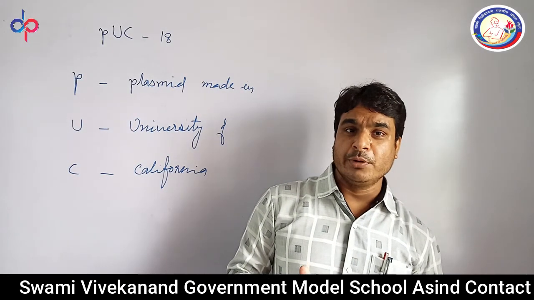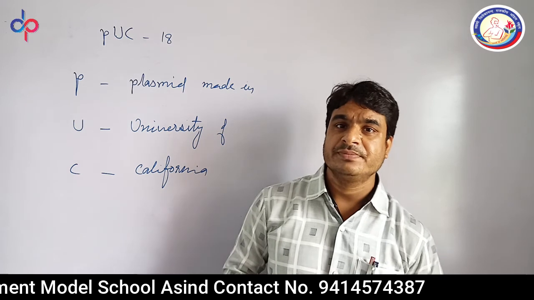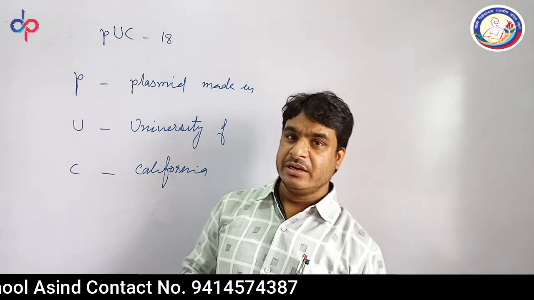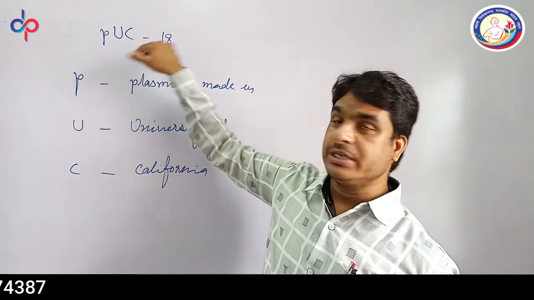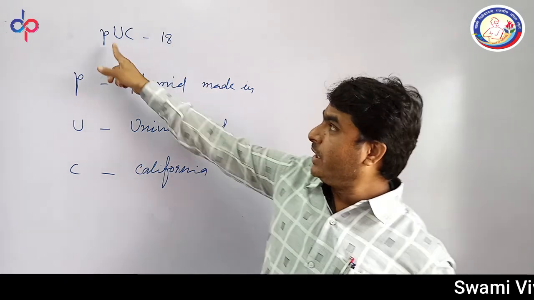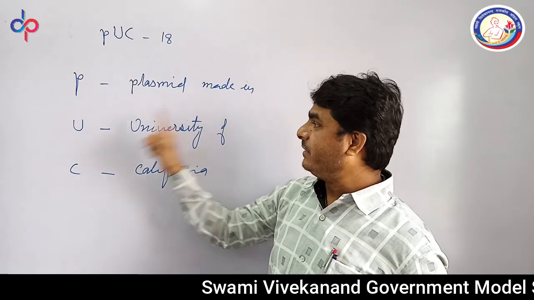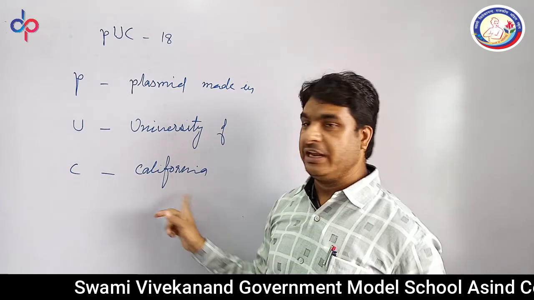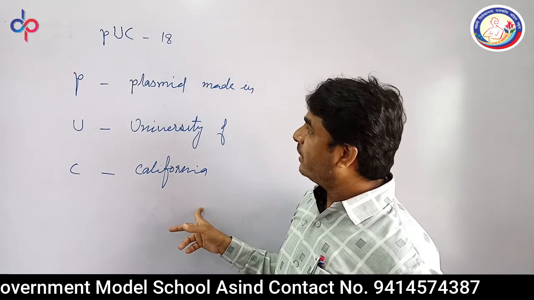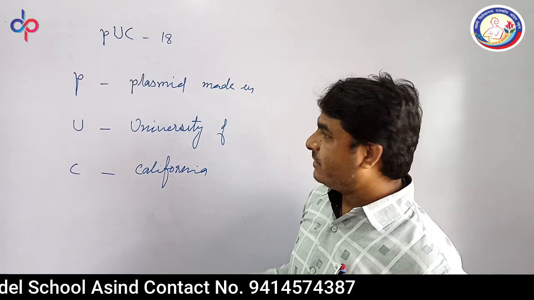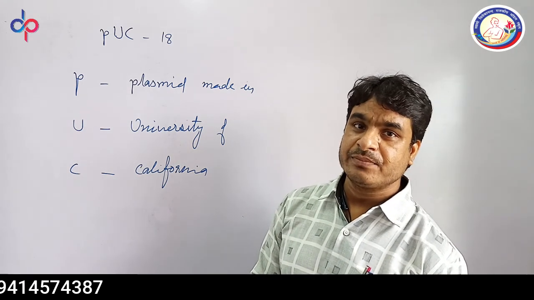Another important cloning vector used by scientists and widely used in laboratories is pUC18. In pUC, p stands for plasmid, made in, U stands for University of California. This is a very well known cloning vector, and we have finished cloning vectors today.